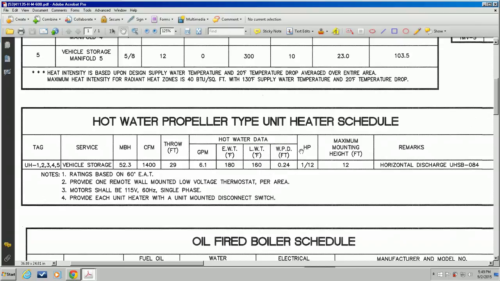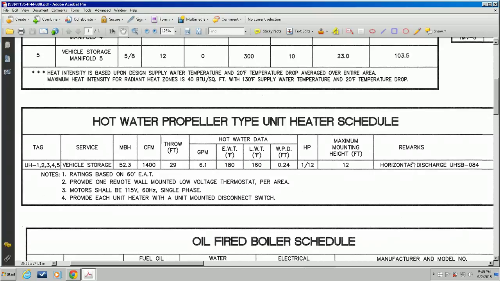The HP, or horsepower, is the rating of that motor that is provided within the unit heater, and that is important, although in most cases unit heaters are very fractional horsepower, so they're not as great a concern as when you have large horsepower applications. Maximum mounting height, in this case the engineer is telling the contractor that he must mount this at a maximum height of 12 feet, not above that.